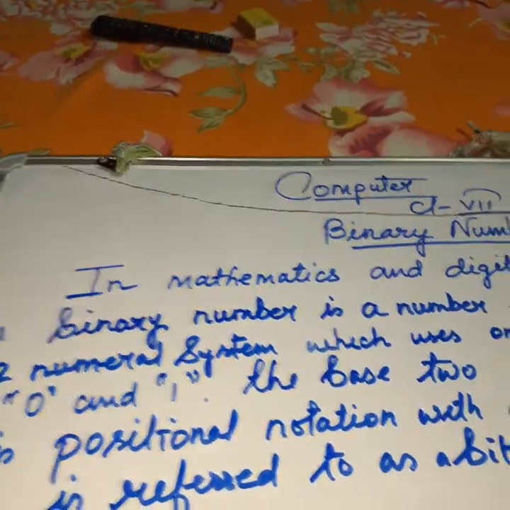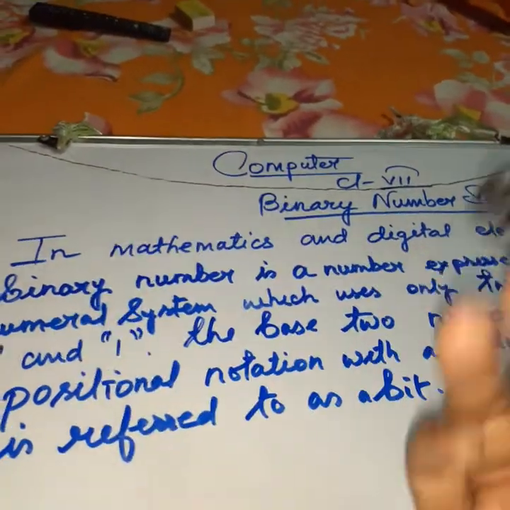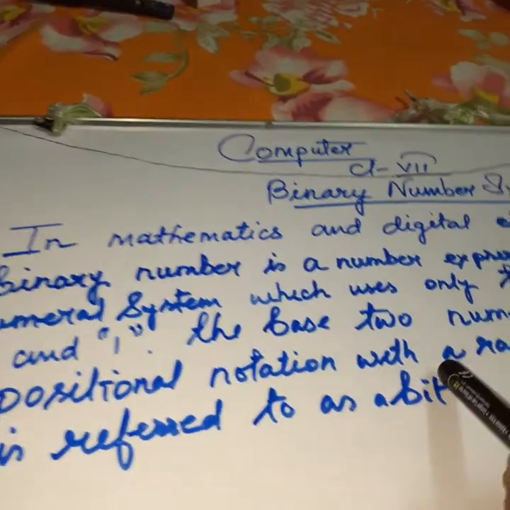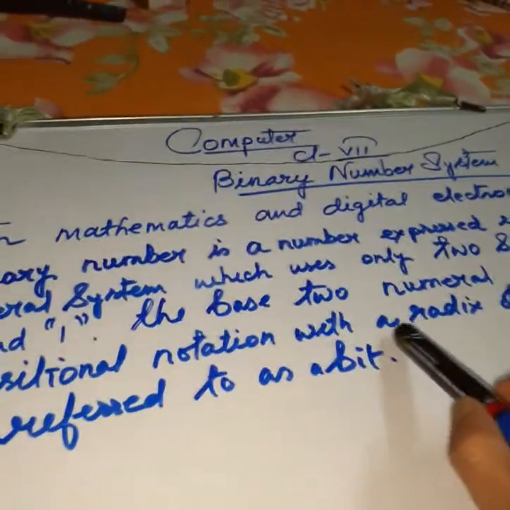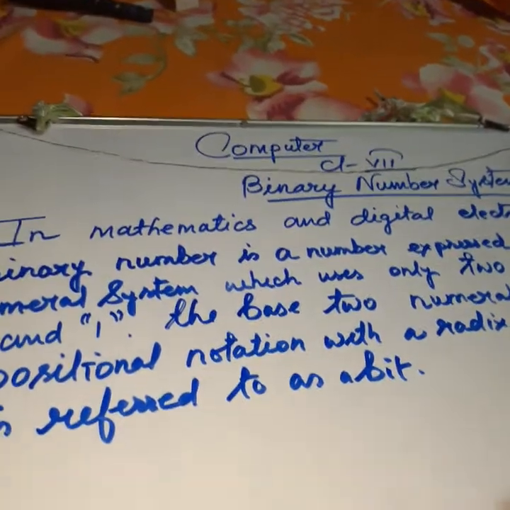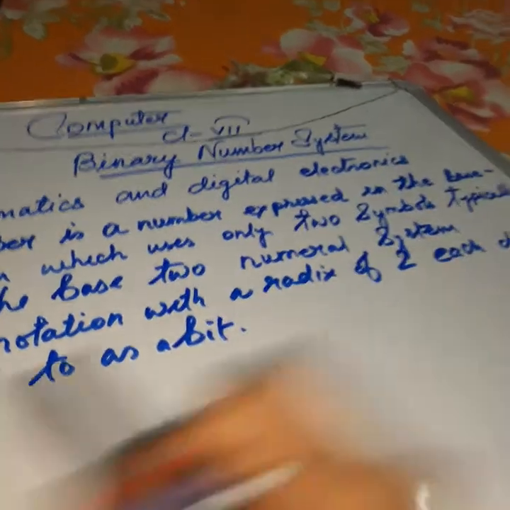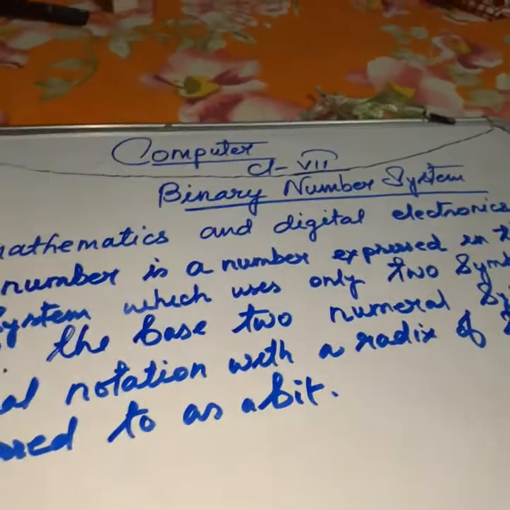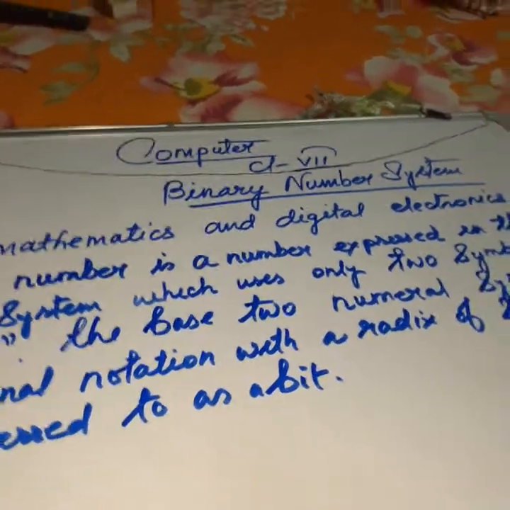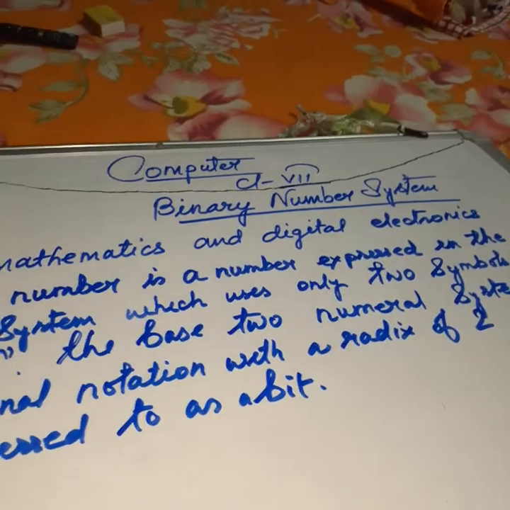This base 2 numeral system is positional notation with a radix of 2. Each digit is referred to as a bit.